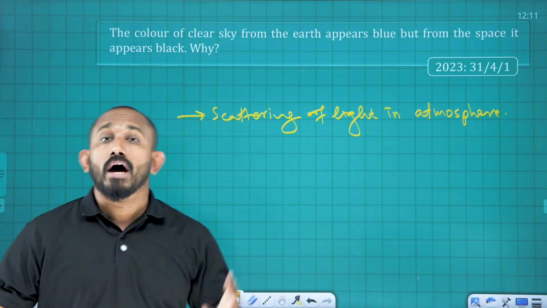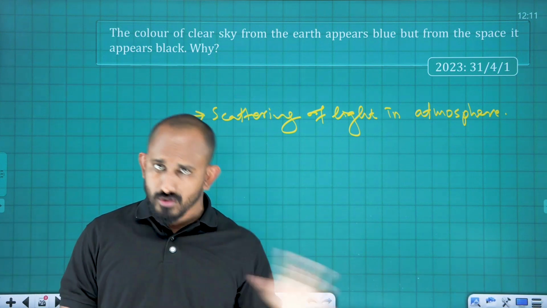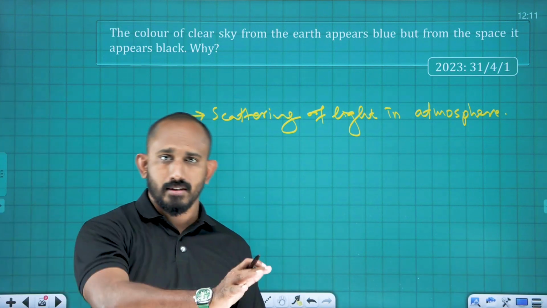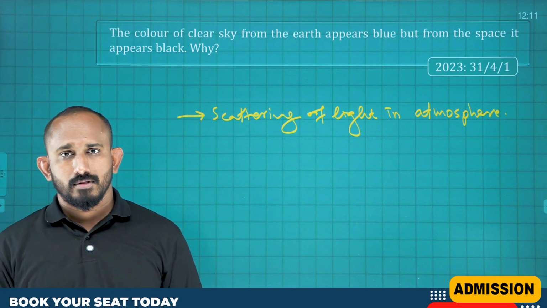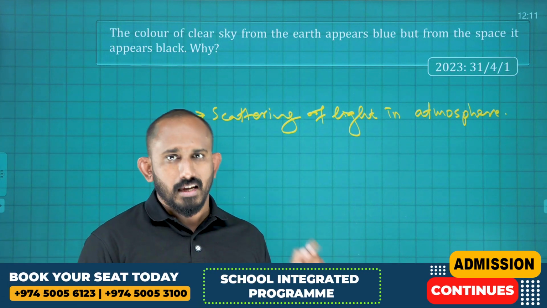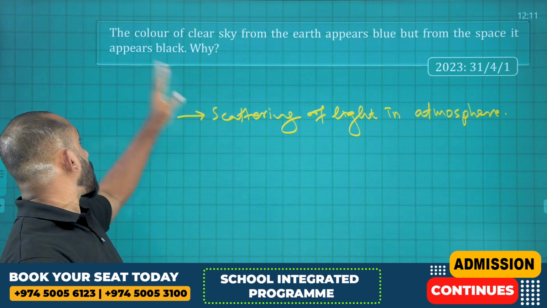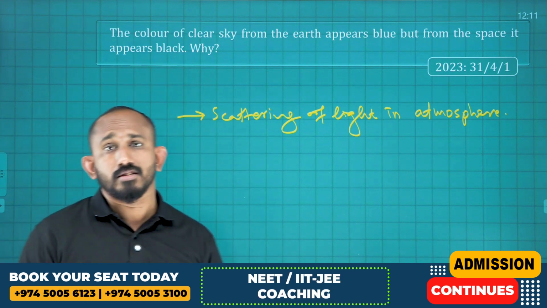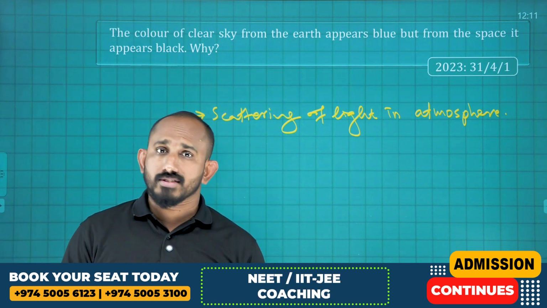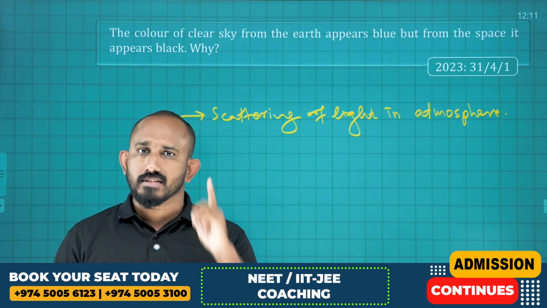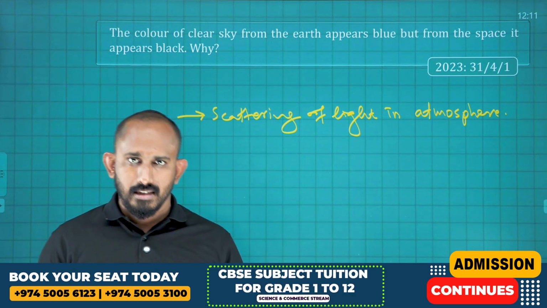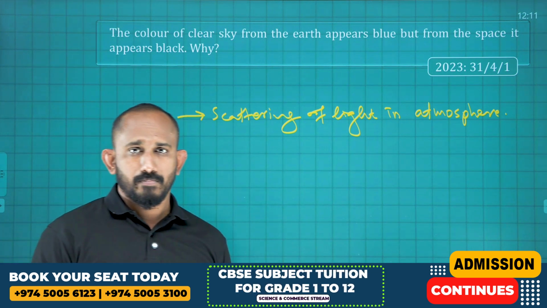In space there is no atmosphere. No atmosphere means no scattering, so we cannot see the path of light. So it should be black. Hence the sky is blue on earth, and black in space. So astronauts see it black, since no scattering happens. So the keyword is scattering of light in the atmosphere is the reason for the color of the sky.